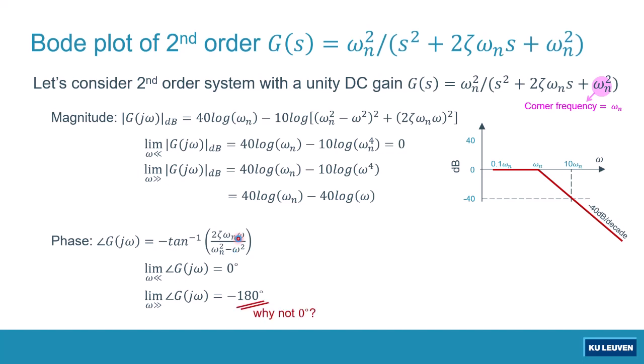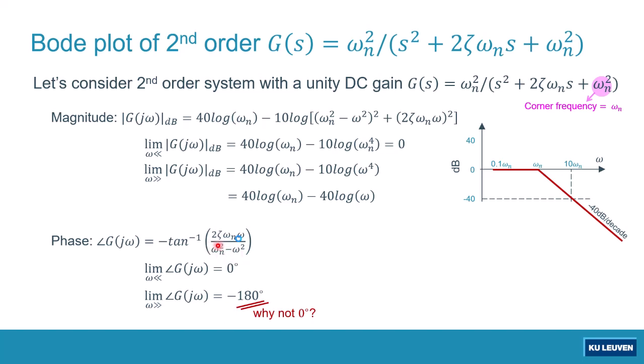But why isn't it 0 then? Inverse tangent of 0 can also be 0, right? Why did I choose negative 180 degrees? Why not 0 degrees? It's because of the negative sign in the denominator. As I have already mentioned before, when omega is very large, the numerator will be small compared to the denominator, and the denominator can be considered as minus omega squared, because omega n squared is nothing compared to omega squared.